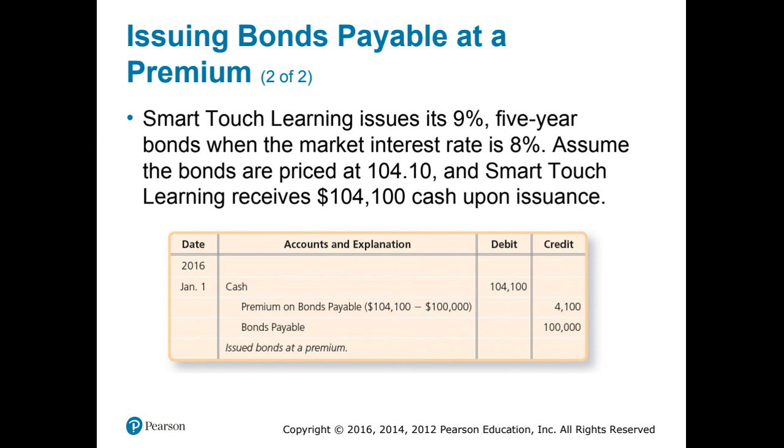So we paid this for it, but this is the bond. This is the premium that we received on it, which is the difference between what was paid and the value of the bond. That's the premium. And we issued bonds at a premium.